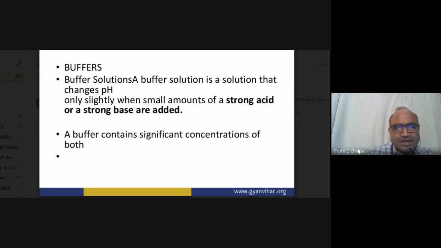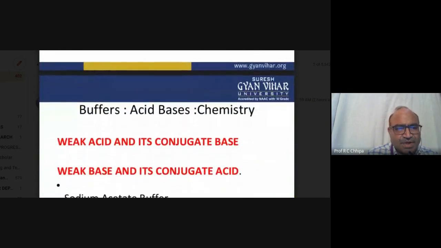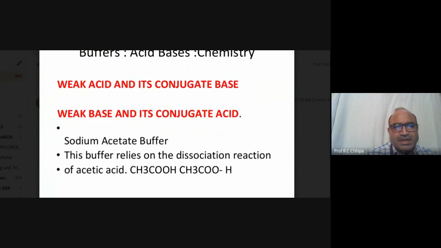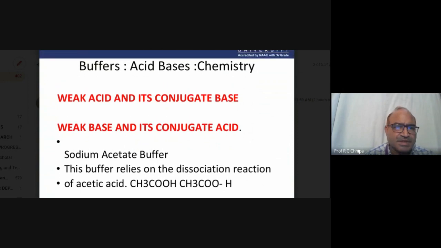A buffer contains a significant concentration of both. Here we can explain the chemistry behind buffers, and which acid and base can form buffer solutions.